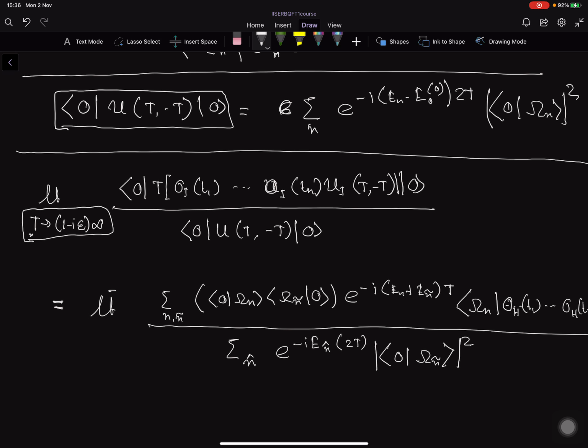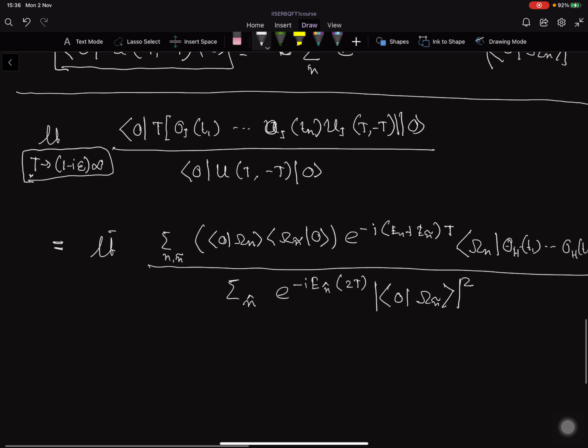So what will happen is that only the smallest values of E_n tilde and E_n hat survive.